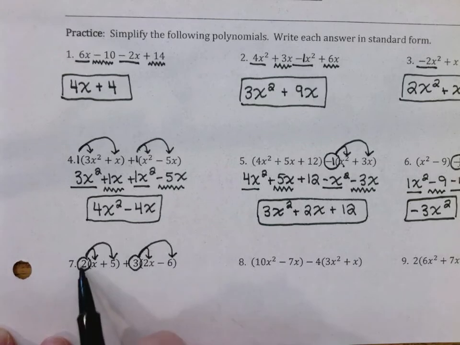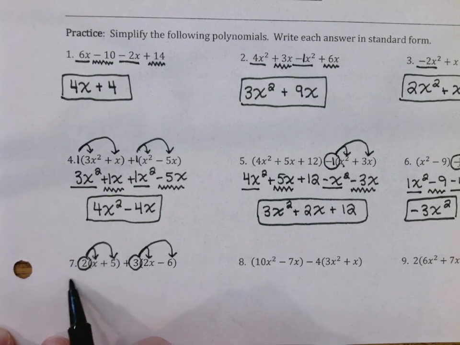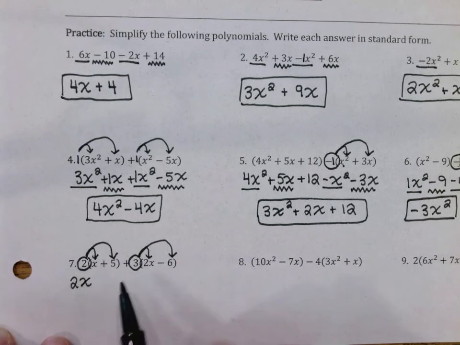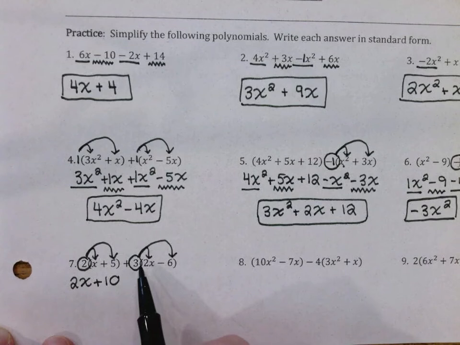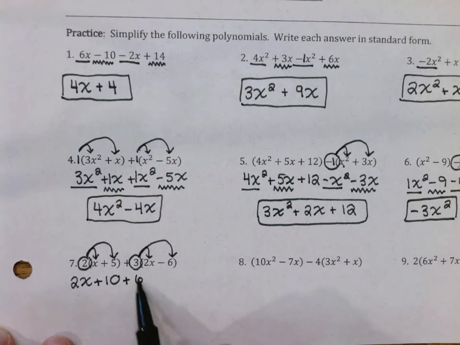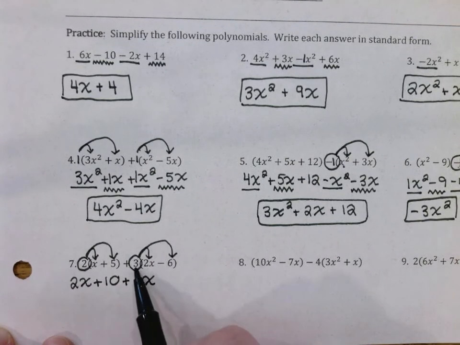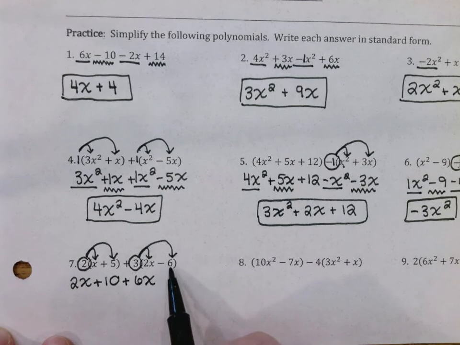Okay, so 2 times x, that gives us 2x. 2 times 5, that gives us 10. And then I'll come over here. We have 3 times 2x, that's positive 6x. And 3 times -6, that's -18.